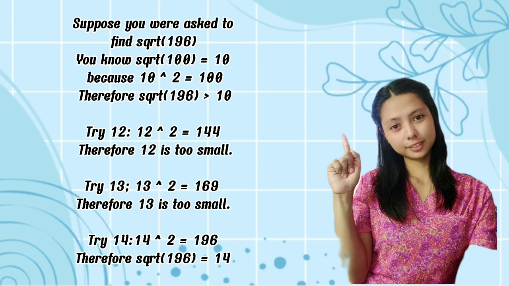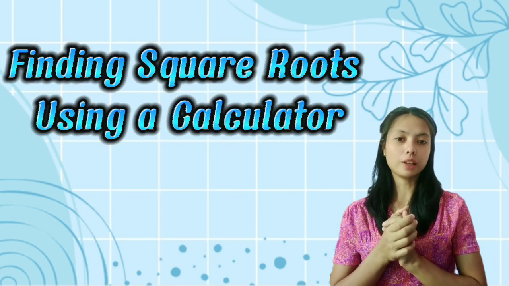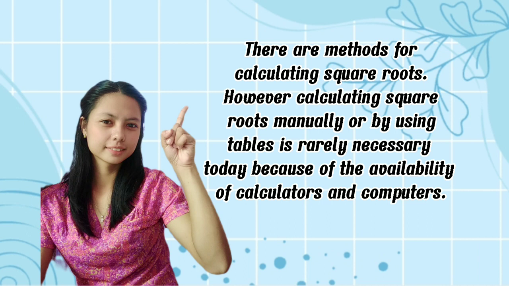So, this is what we mean by finding the square root by trial and error. Finding square root by using a calculator. There are methods for calculating square roots. However, calculating square roots manually or by using tables is rarely necessary today because of the availability of calculators and computers.